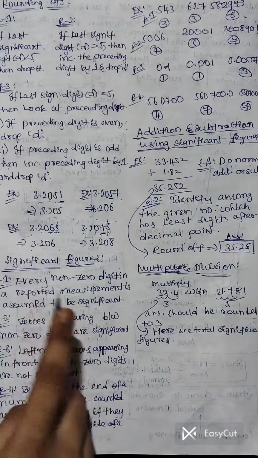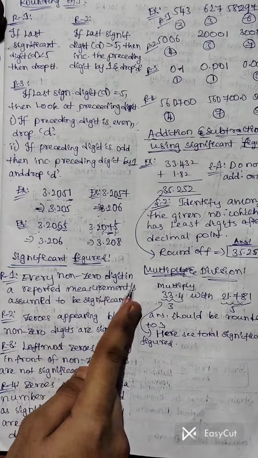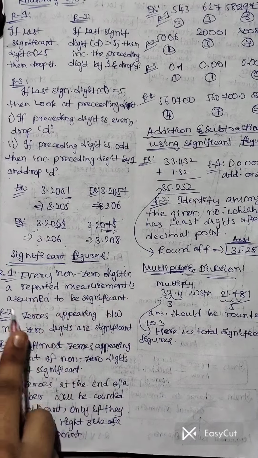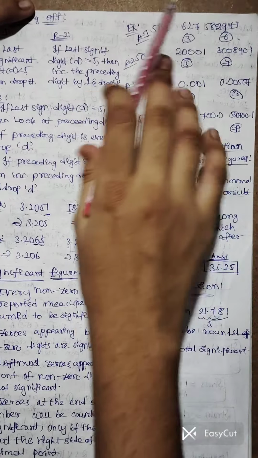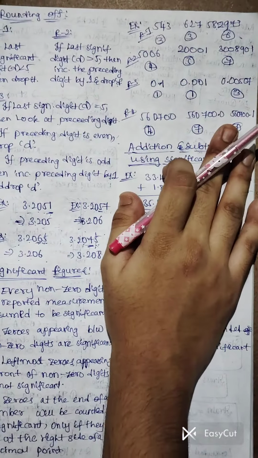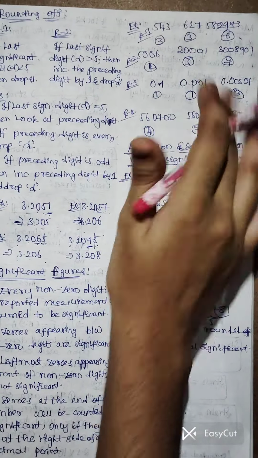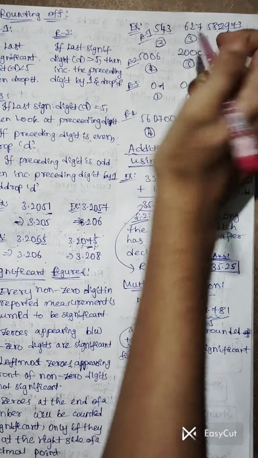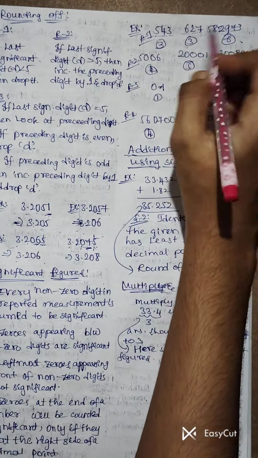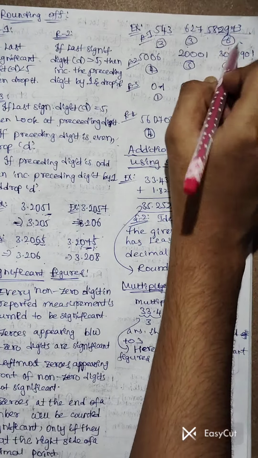Here, these all were the non-zero digits, so you have to consider these as significant. Here the number of significant digits are equal to 3. For this 627, 3 again. For here you have 6 digits, so it is 6.